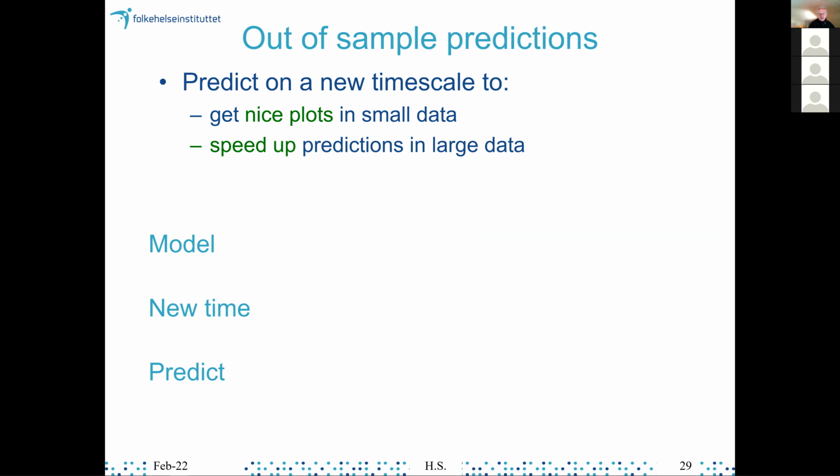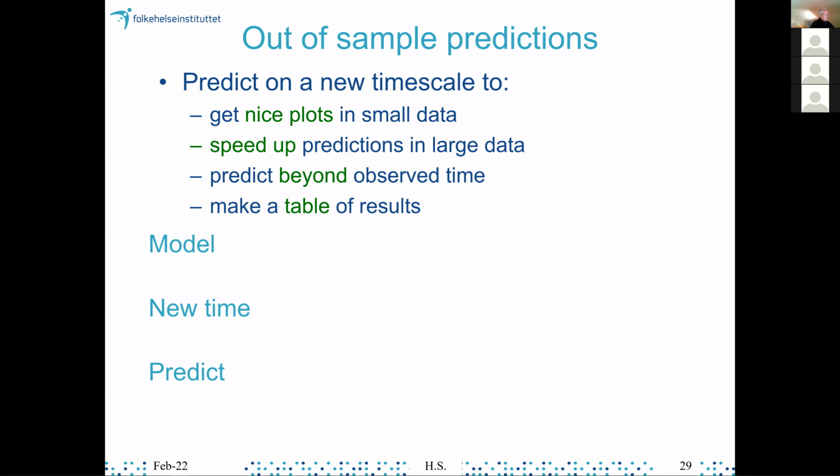And the very opposite, if you have a very large data set, then you can speed up predictions by predicting only on a smaller set of time values. And finally, you may want to predict beyond the observed time. So that's really out of sample predictions. And maybe also make a table of results.